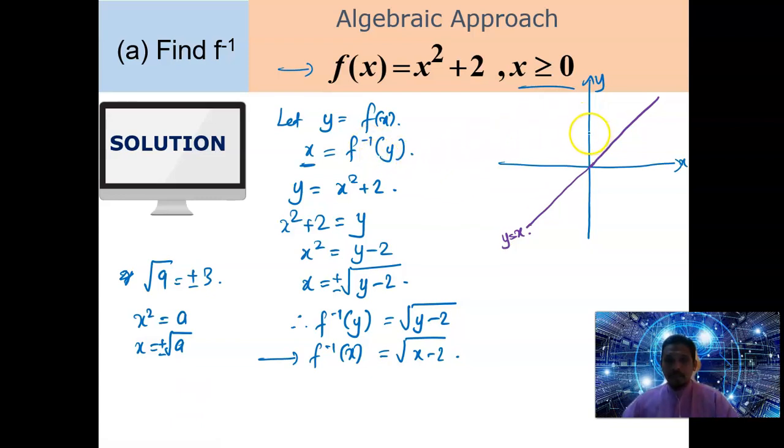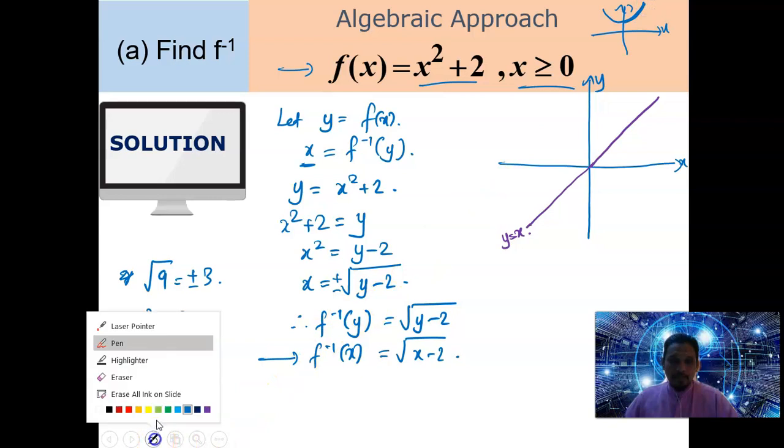So we have here, okay, class, actually this is the graph. The graph of x squared plus 2 is a curve something like this. But since we limit the domain to x greater than or equal to 0, there's only this part of the graph.